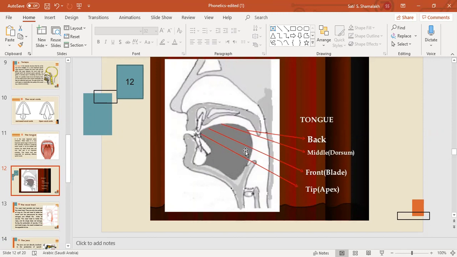For example, when I want to produce "f", I use the tip and the upper teeth. When I want to produce the sound "ka", I use the back of the tongue. Put your finger in your mouth when you produce "ka". You'll find yourself using the back of the tongue. That's why it is very important to know the parts of the tongue.